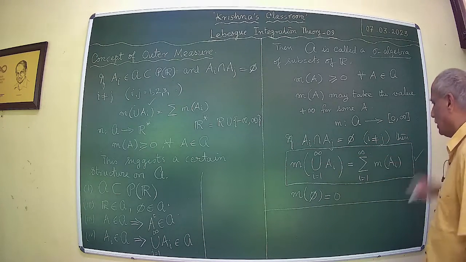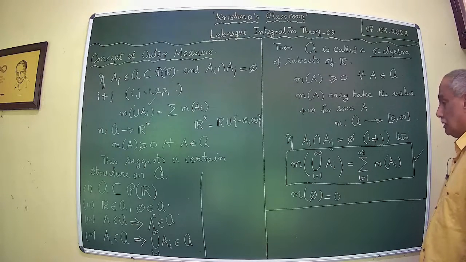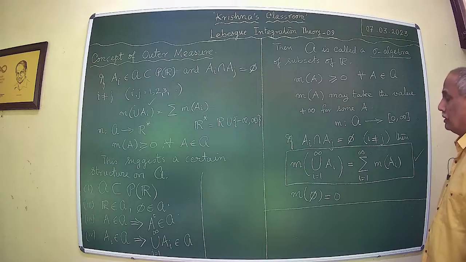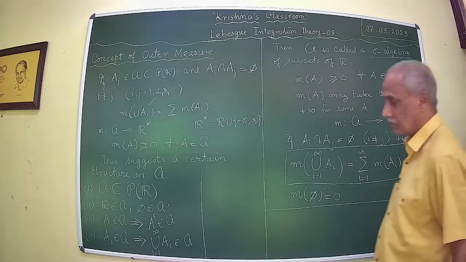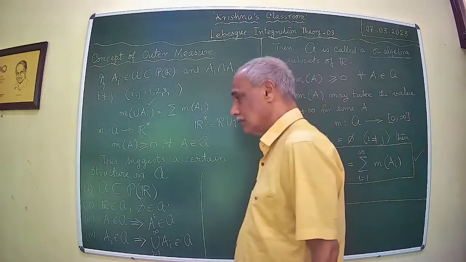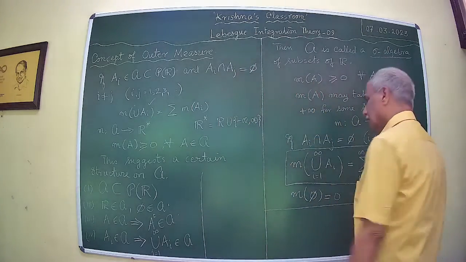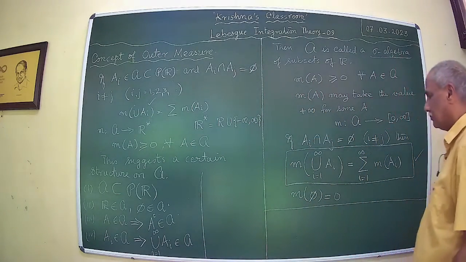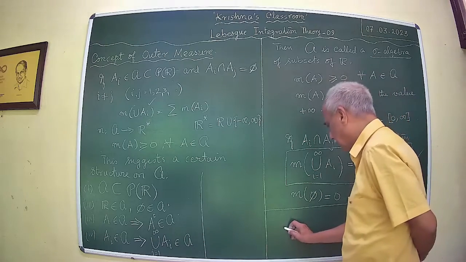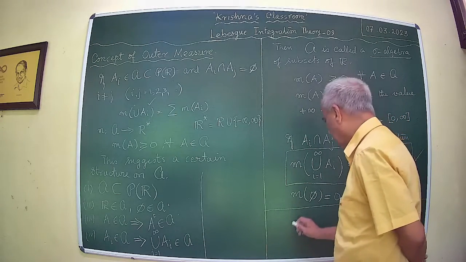satisfying this particular requirement. And that is why we take an intermediate step and we relax this condition in the following way. We relax this condition by the following requirement.